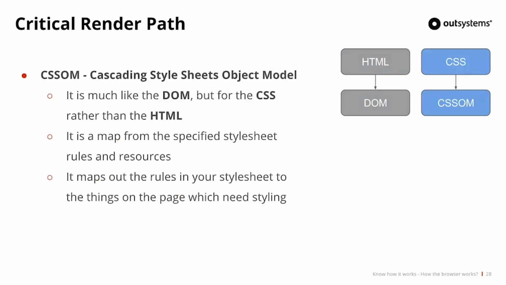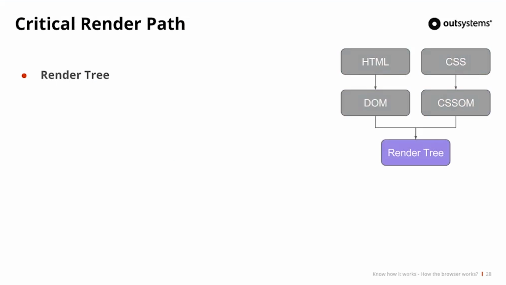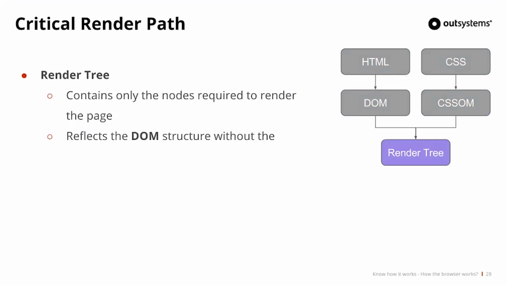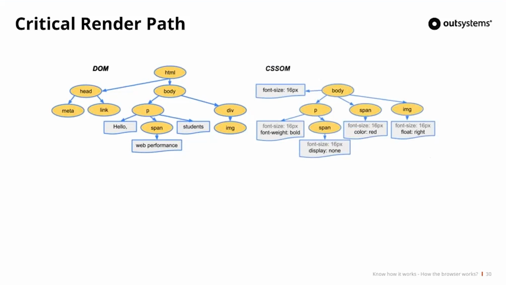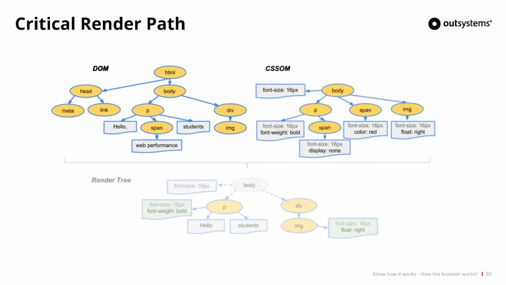And then both combined will make the render tree. The render tree is when you join an element like a div and then apply those properties, like, okay, the rules, if that div has a red background, for instance. So you have a DOM and a CSS object model, and both combined will make the render tree.